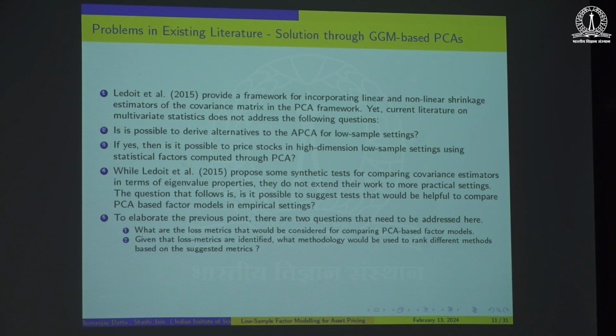Asymptotic results show that the first k eigenvectors of that n cross n covariance matrix, which represents the low sample n, give you directly the factors. So that is the existing alternative.